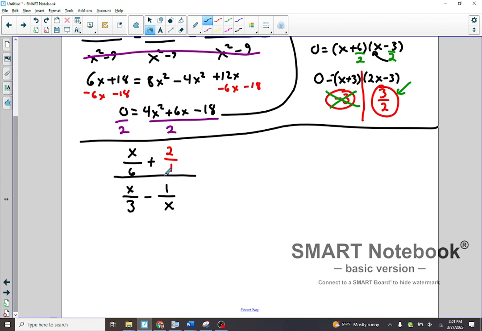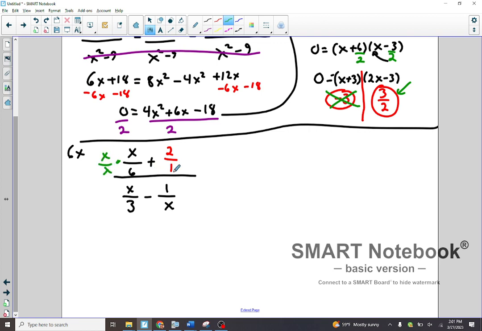First deal with the numbers, which is 6, then deal with the variables. This has an x, so it needs an x. So your goal is to make everything into 6x. First deal with numbers, then with variables. So for each fraction, you need to give it what it needs to reach 6x. This is already 6, so it needs an x, so x over x.